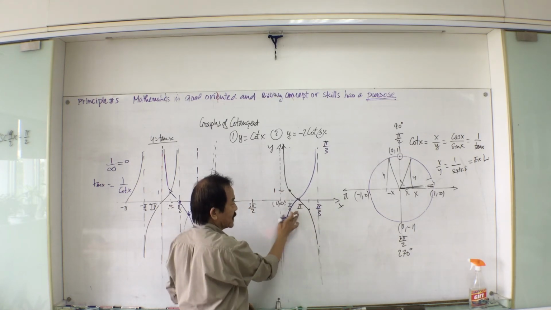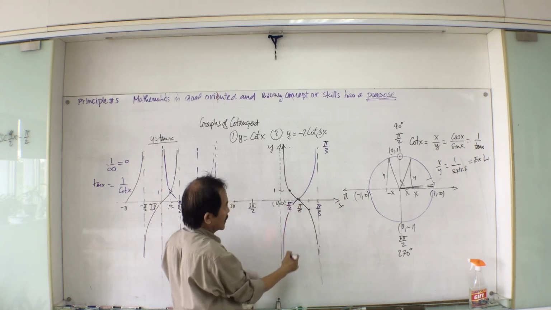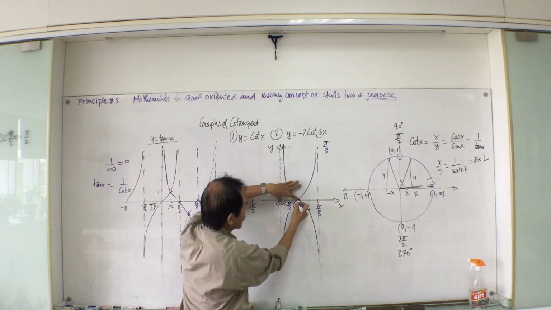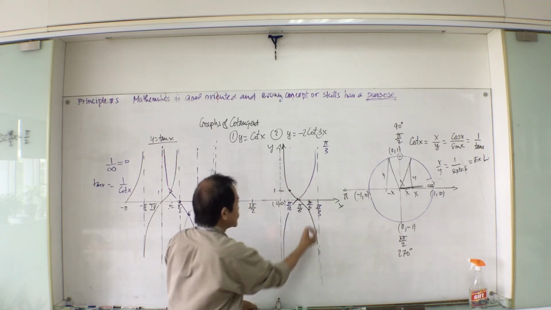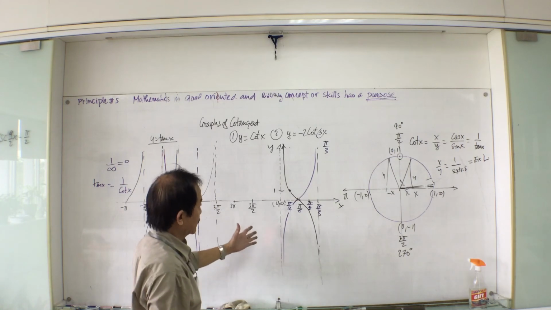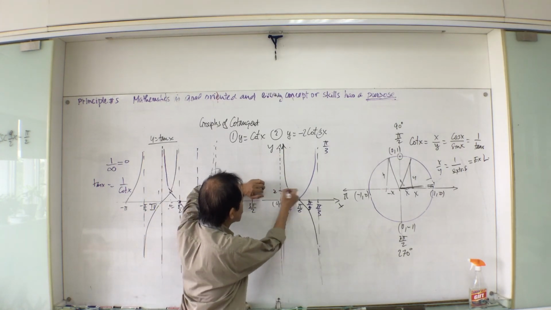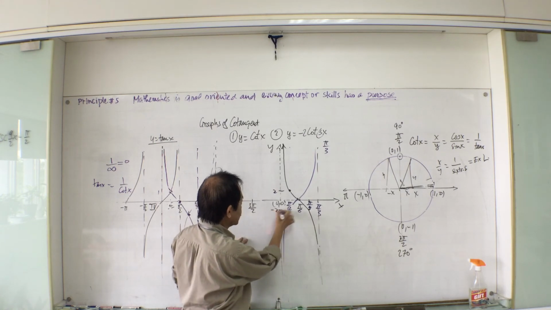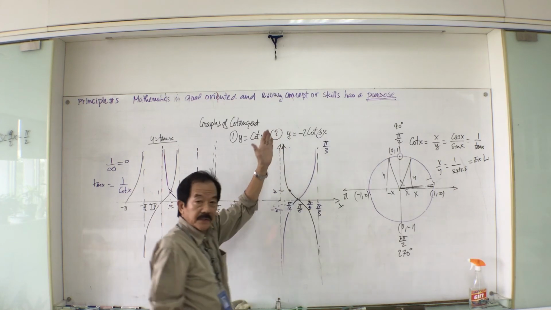So halfway becomes pi over 6, this one becomes pi over 12. Then 1 pi over 12, 2 pi over 12, 3 pi over 12, which is pi over 4. That's almost there. So how about the number negative 2 here? This one becomes 2, and this one becomes negative 2. So this one is still 0, and this one is the graph of the second one.